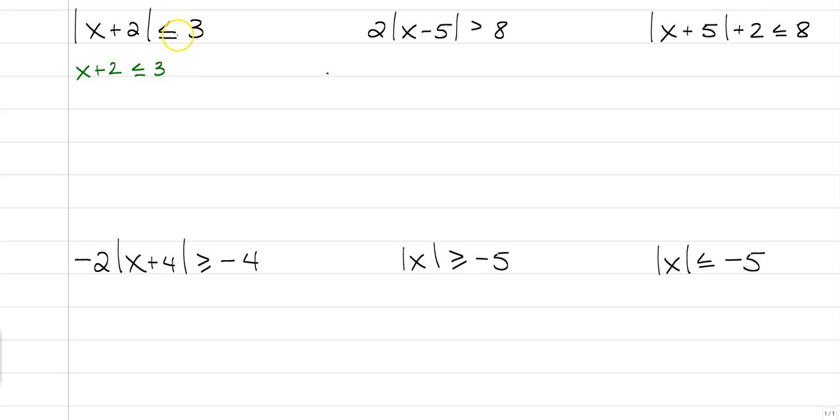This is a less than statement, so this is "and": x plus 2 is greater than or equal to -3. So remember, you need to switch the direction of your inequality and change it to the opposite. And then you just solve. x is less than or equal to 1, and x is greater than or equal to -5. So now, all you have to do is graph it.